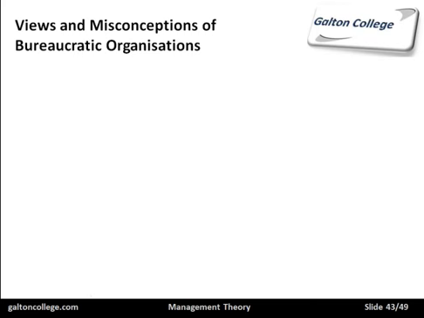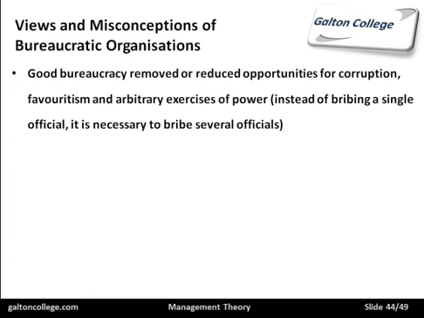Let's look at some of the views and misconceptions. Well, good bureaucracy removed or reduced opportunities for corruption, favouritism, and arbitrary exercises of power. So instead of bribing some single person, you'd have to bribe the whole organisation, which could be difficult, if not impossible.